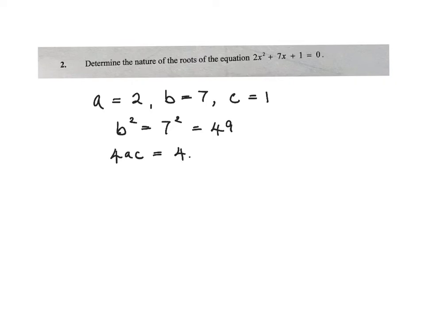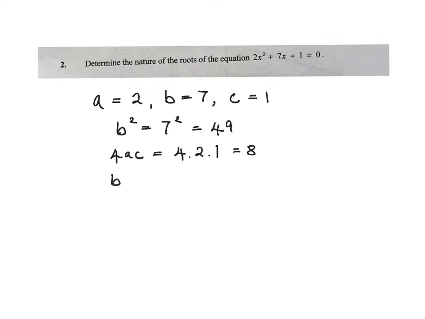What we want to do is to list the values of a, b and c. This is a problem that involves using the discriminant. b squared equals 7 squared, which is 49. 4ac, 4 times 2 times 1, that's 8.